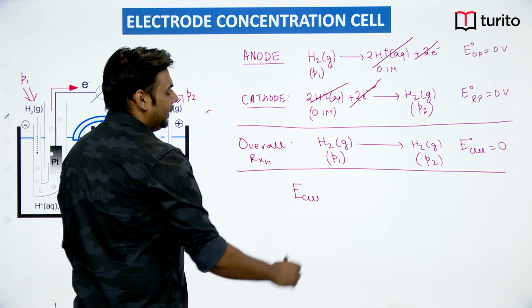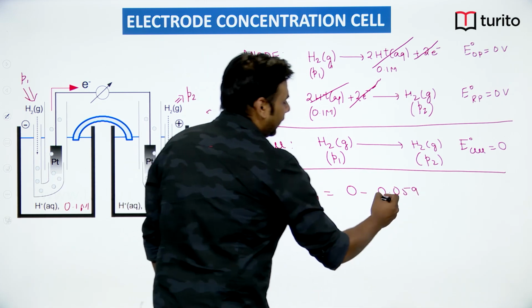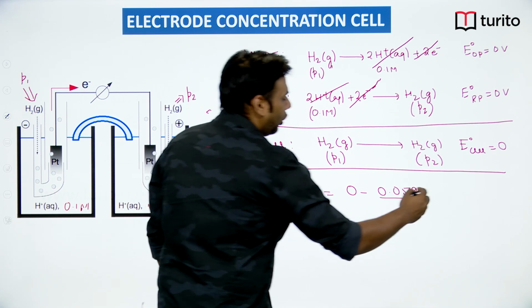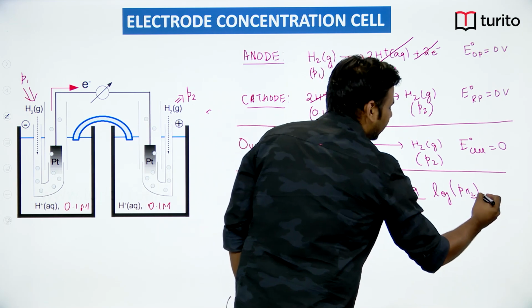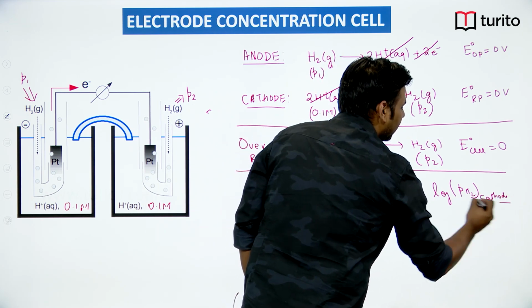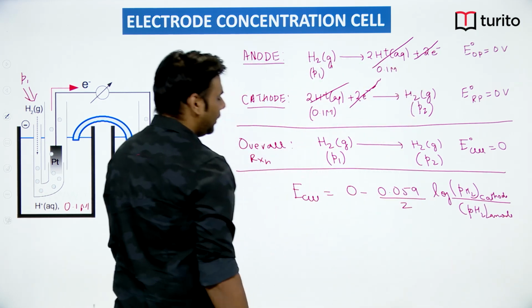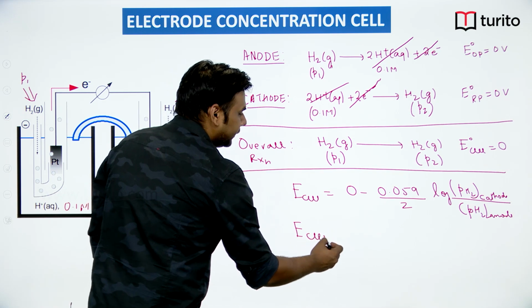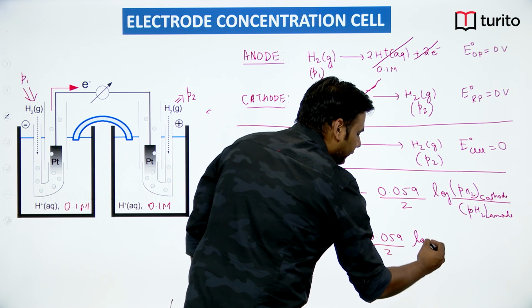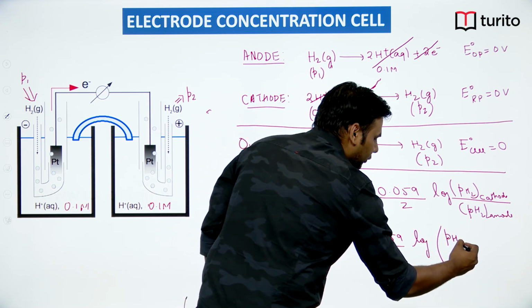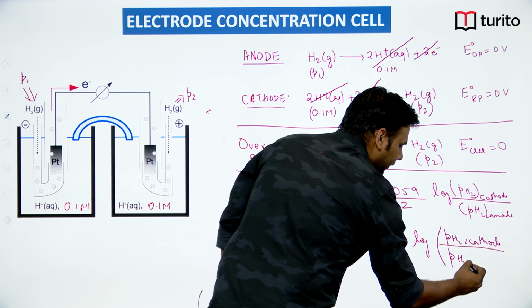So E cell would be E naught, which is 0, minus 0.059 upon n, which is 2 over here, log of partial pressure of hydrogen, which is coming from the cathode, divided by partial pressure of hydrogen at the anode. So E cell is minus 0.059 upon 2 into log of partial pressure of hydrogen at cathode divided by partial pressure of hydrogen at anode.